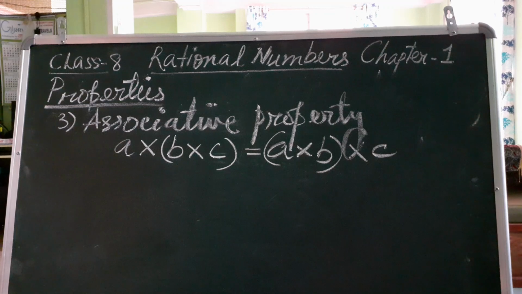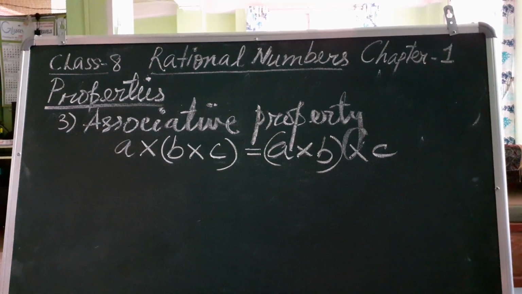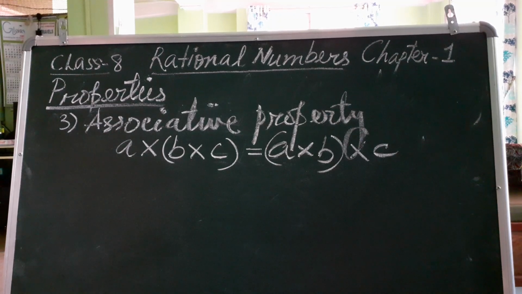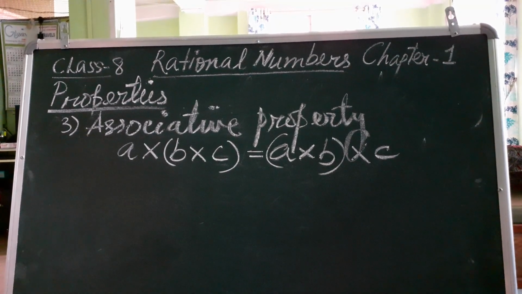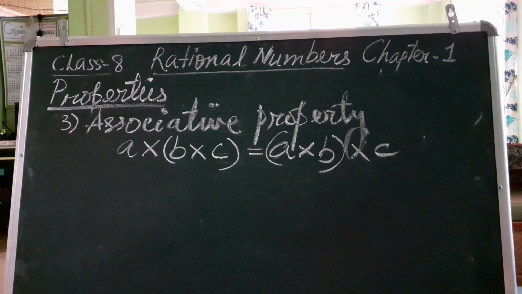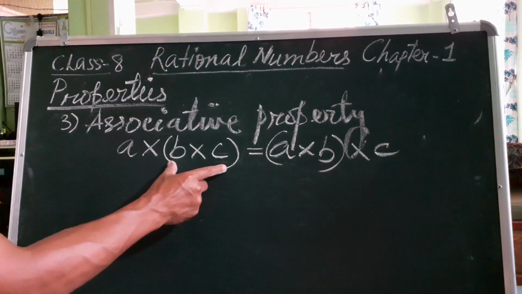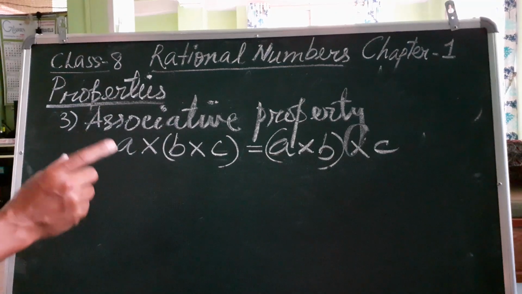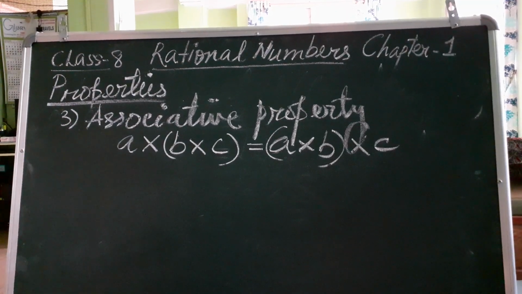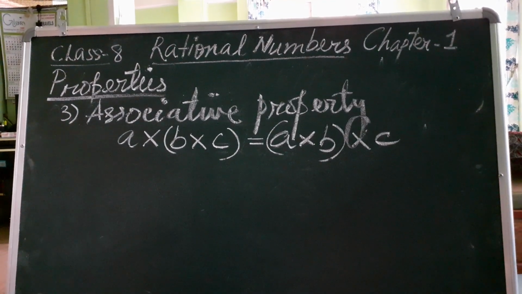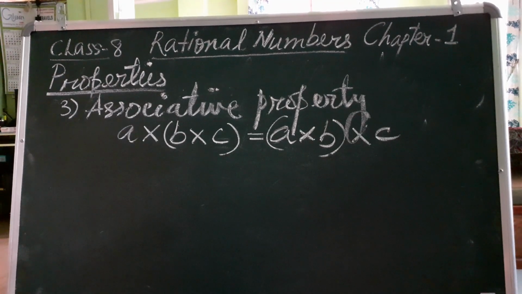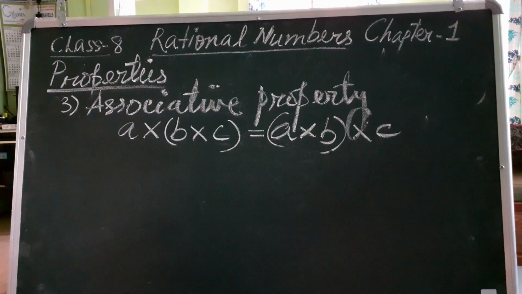This means that if you change the grouping of rational numbers while multiplying, here in the first case b and c are grouped, but in the next case a and b are grouped. If you change the grouping of rational numbers while multiplying, the product remains the same.